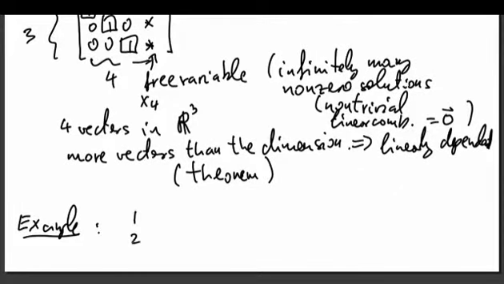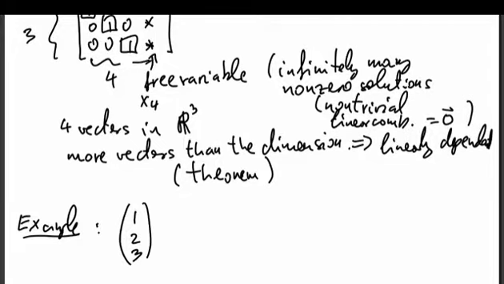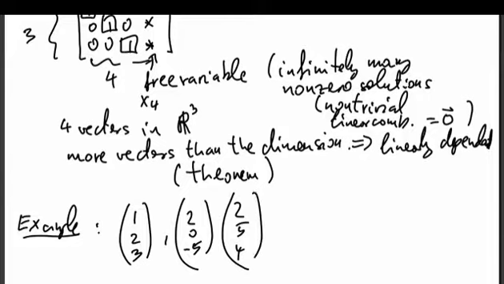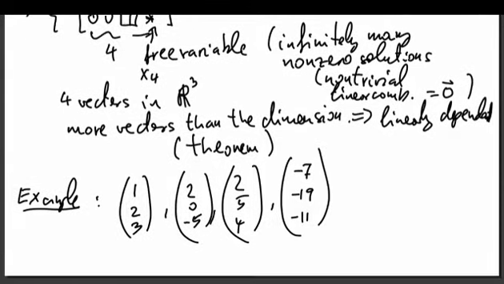We have the vector (1, 2, 3), the vector (2, 0, -5), the vector (2, 5, 4), and the 4th vector (-7, -19, -11). The question is whether or not the list of these 4 vectors is linearly dependent or independent.